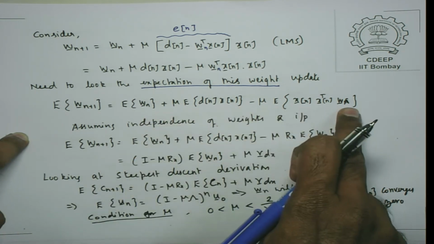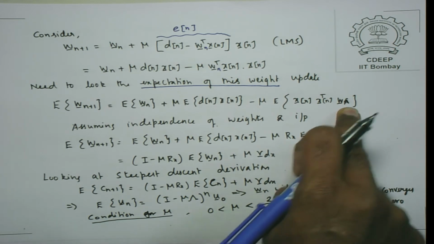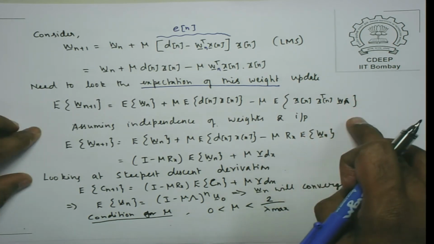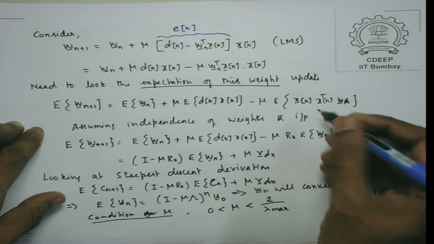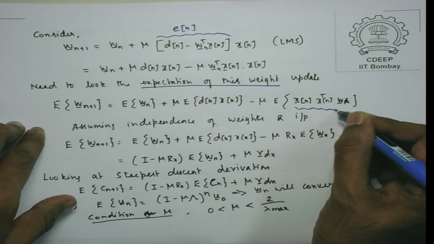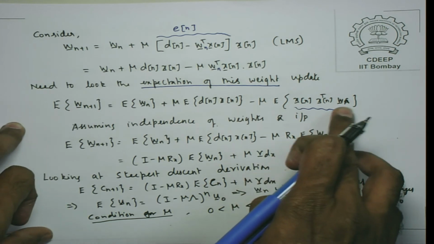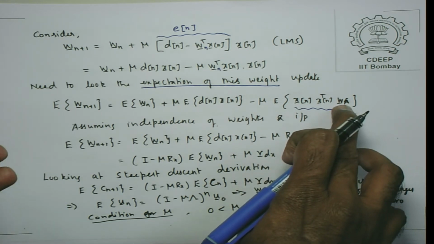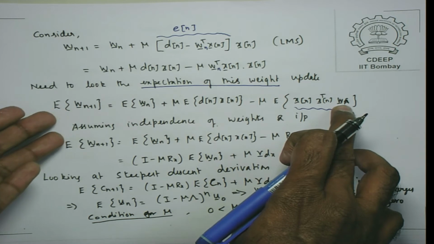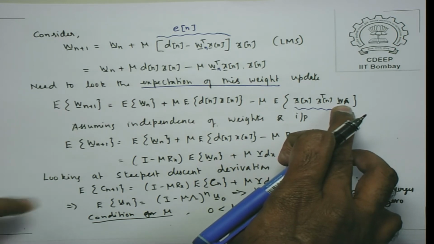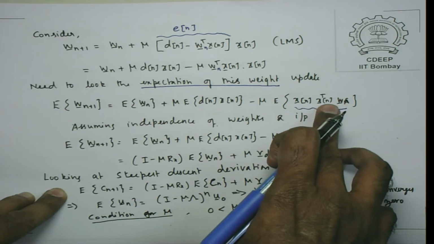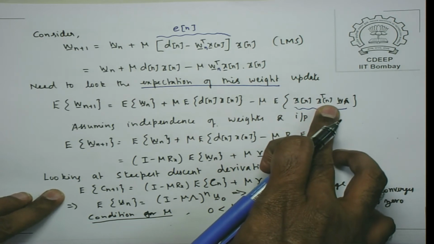Here we need a simpler form, and if you look at the terms here, these are coupled variables. Wn itself is a random variable, as we said, that is why we are looking at this expectation, and x is also a random process or a random variable.